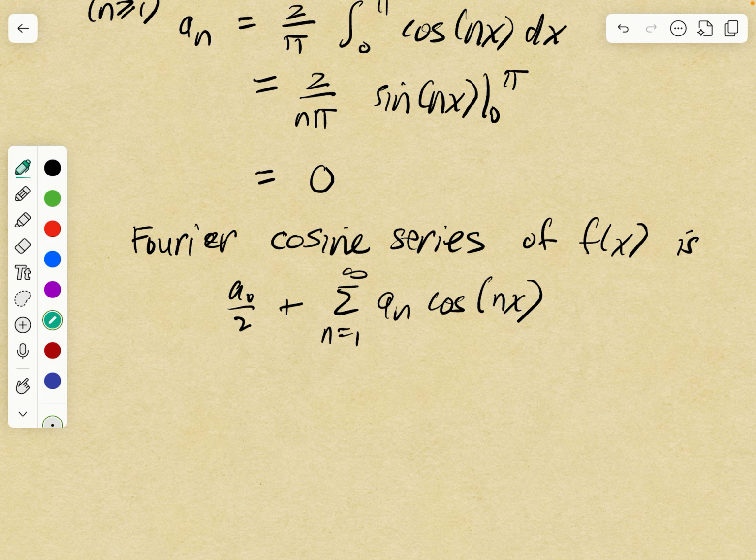But my an's from 1 to infinity are all 0, and my a sub 0 is 2, so what I'm left with is 1. So that's the Fourier cosine series of my function. Okay, that's just a simple example of calculating the Fourier cosine and sine series.